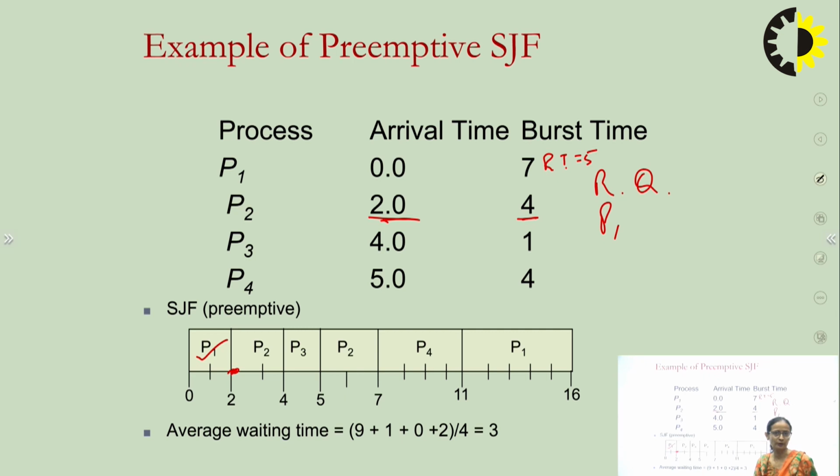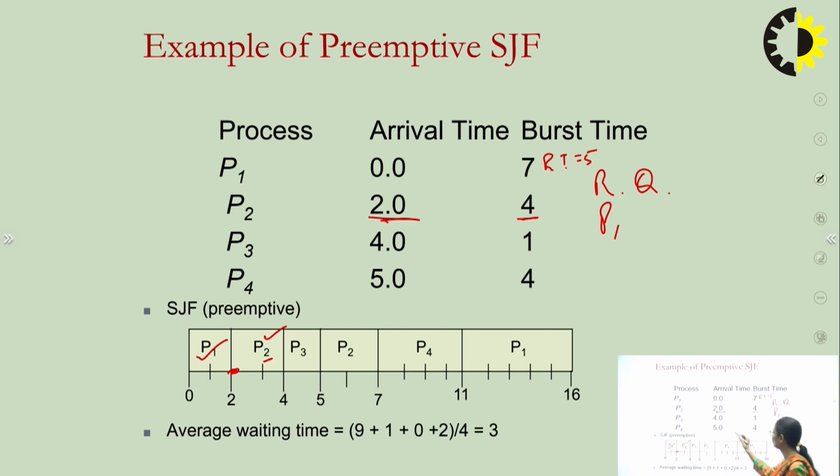So, which is shorter? P2 is shorter because it requires only 4 cycles, whereas in the case of P1, the remaining time is 5. So, what are we doing? We are preempting the resource from P1 and allocating the resource to P2. So, at time 2, P2 will get a chance to execute.